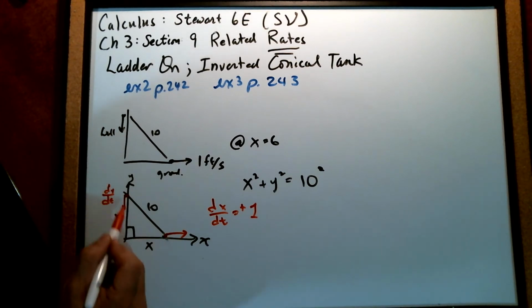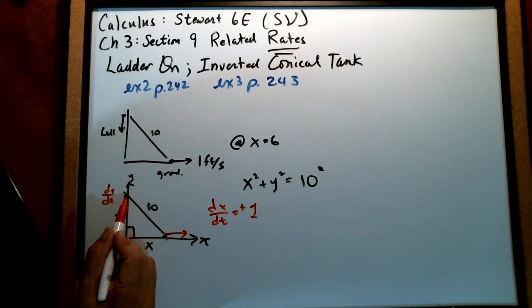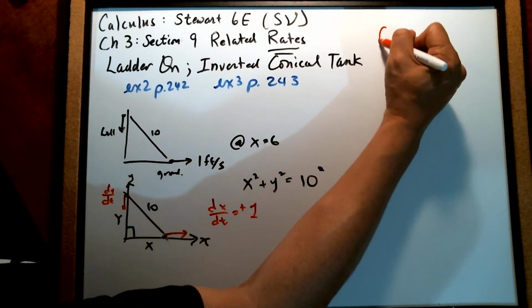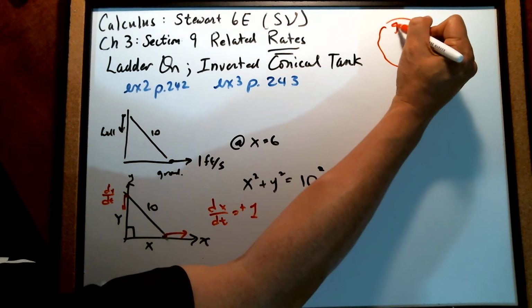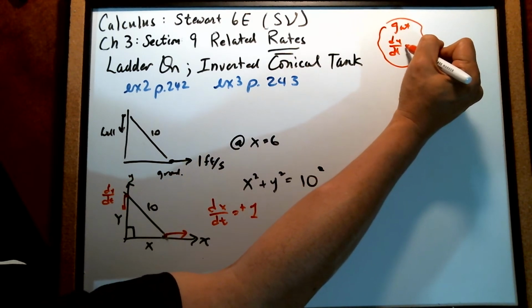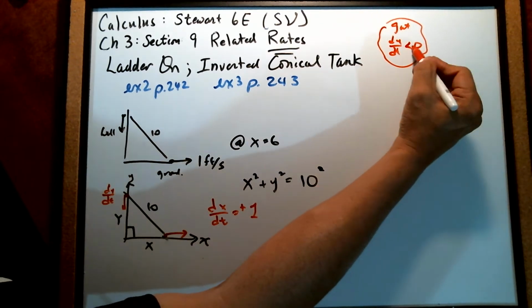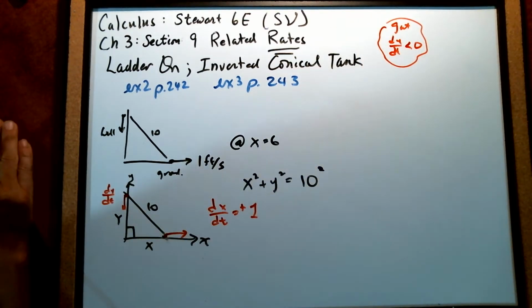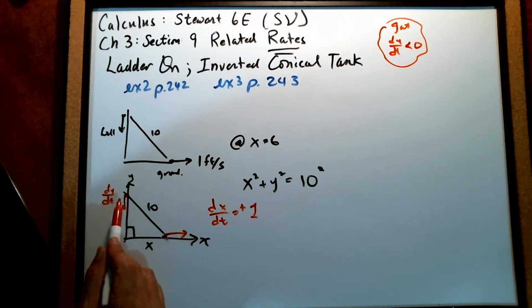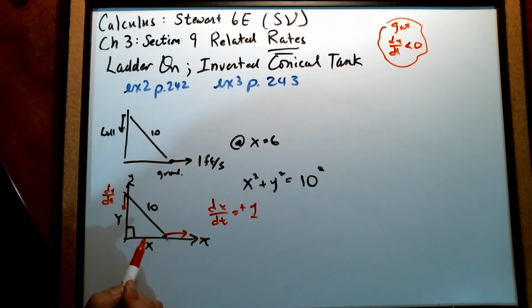It's going in the y direction at the edge right there. And that's what we're looking for. Let's look at our gut. What does your gut say regarding dy dt? Well, dy dt has to be less than 0. Why is it negative? Because if this is going positive, then this must be going negative.